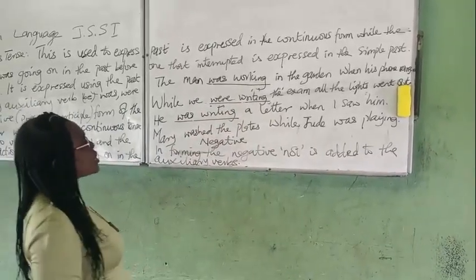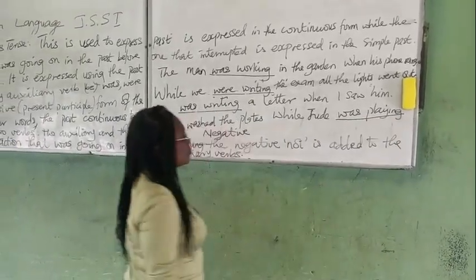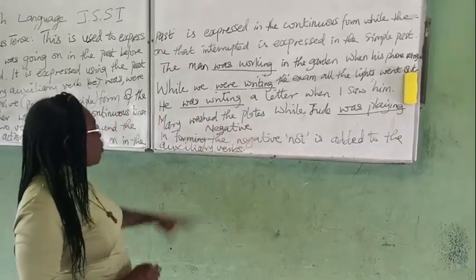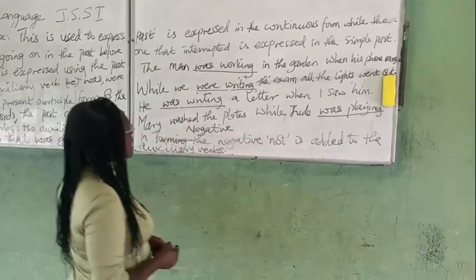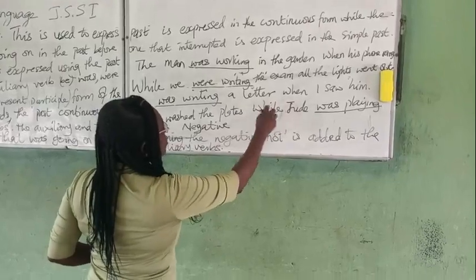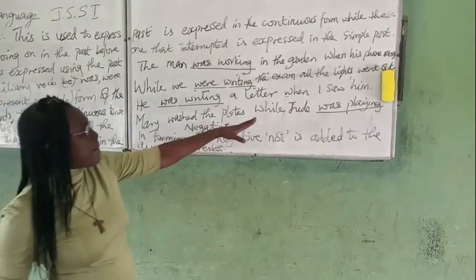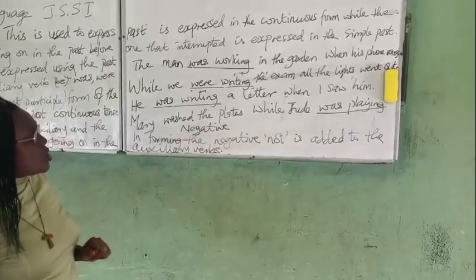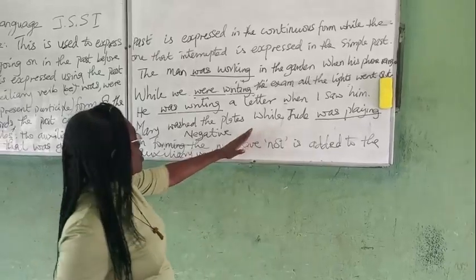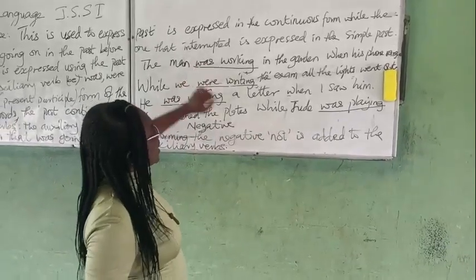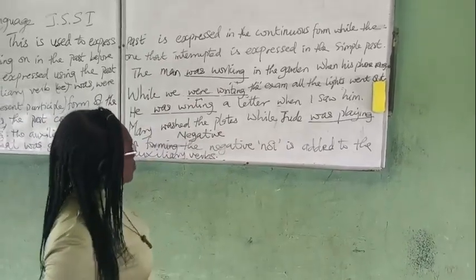Then, Mary washed the plates while Jude was playing. So at the time Mary washed the plates, Jude was playing. Notice that we used "while" and "when" to introduce the past continuous, or rather, to introduce the interruption between the time of the action and the interruption.